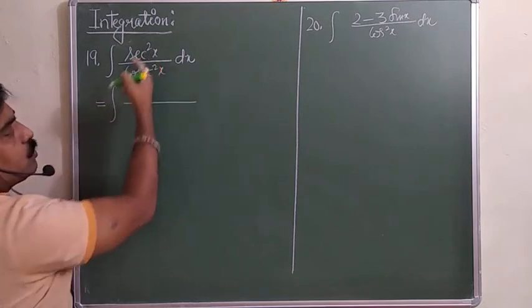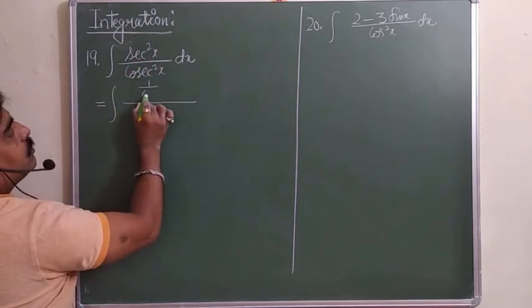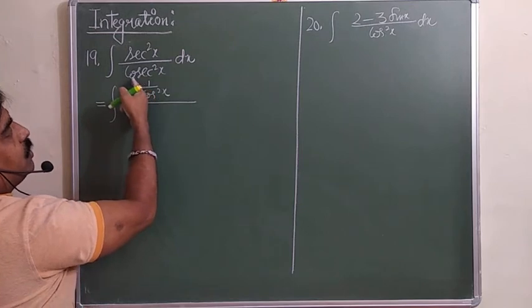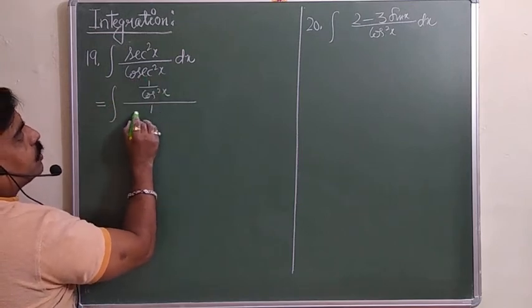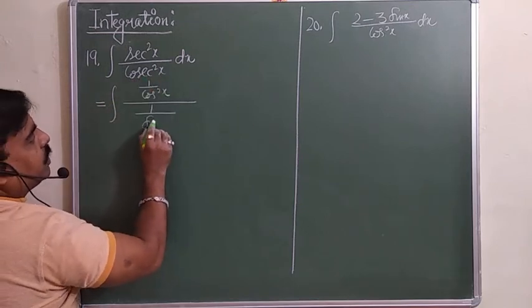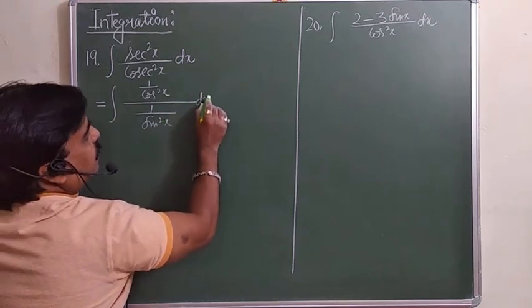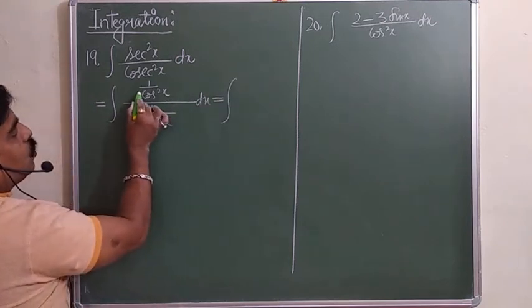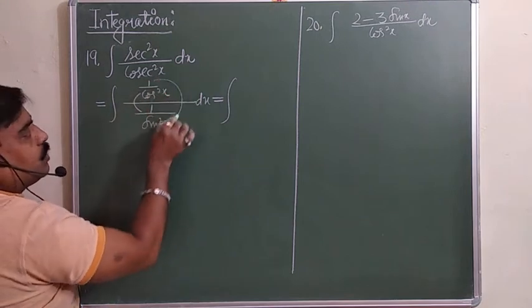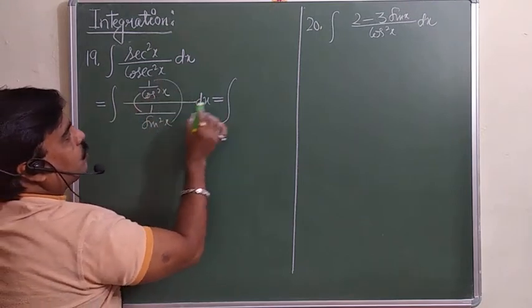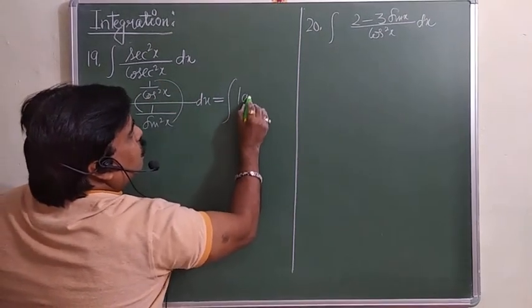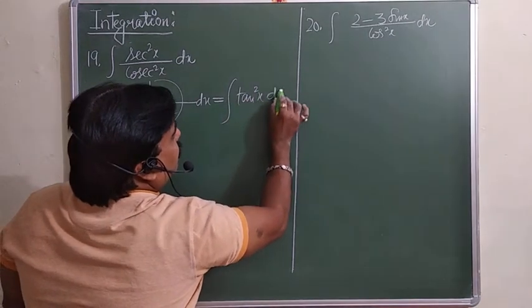See now, this sec square x can be written as 1 over cos square x, and cosec square x can be written as 1 over sin square x. This is equal to, cos square x will multiply with this one, so sin square x over cos square x, so that you will get tan square x dx.